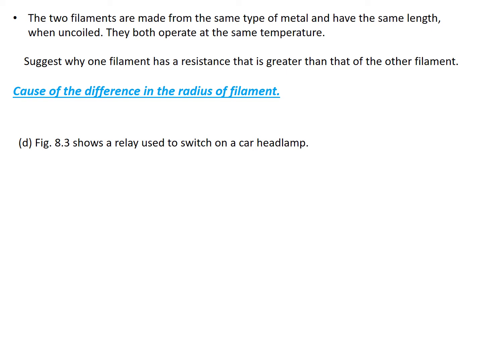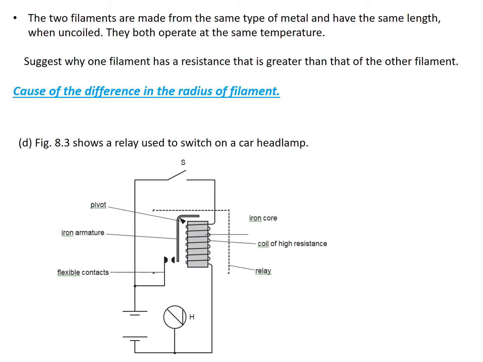Question D. Figure 8.3 shows a relay used to switch on a car headlamp. As you can see over here, it's showing there is a switch, there is a pivot, there is an iron armature, there is a flexible contact, there is a battery and a headlamp.